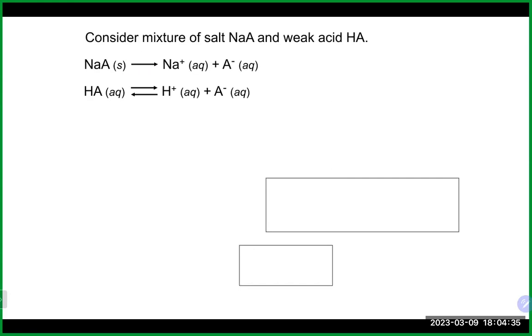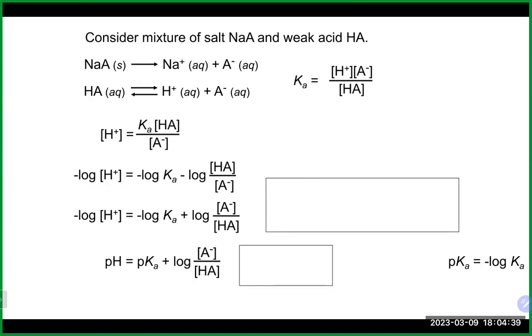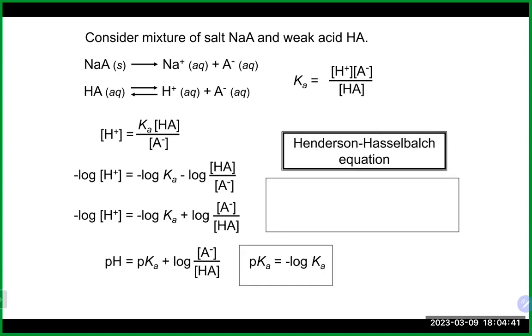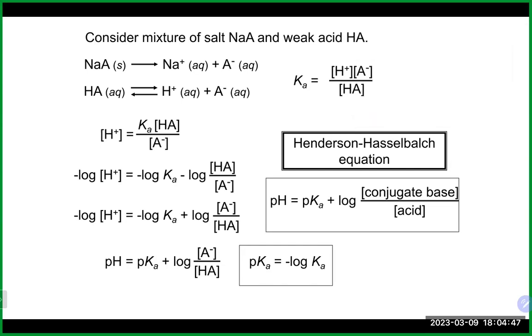And that is basically what is referred to as the Henderson-Hasselbalch equation, which is derived from the Ka values. The Henderson-Hasselbalch equation, whichever you like there, is in the box here, and that is the pH is equal to the pKa value plus the log of the base over the acid.